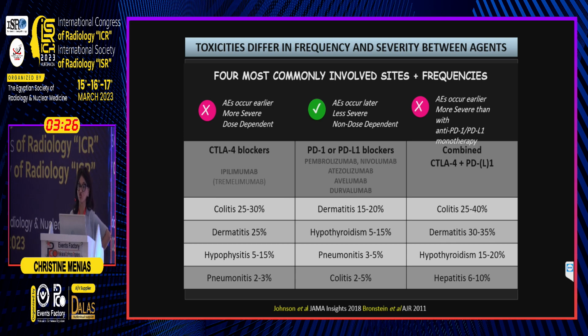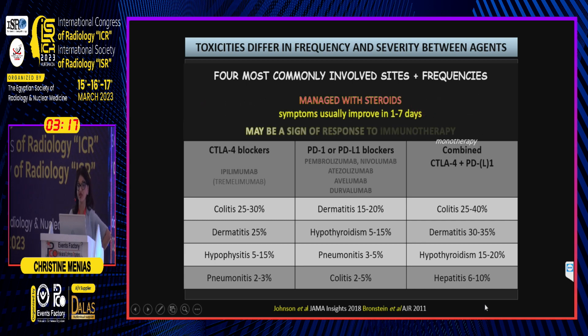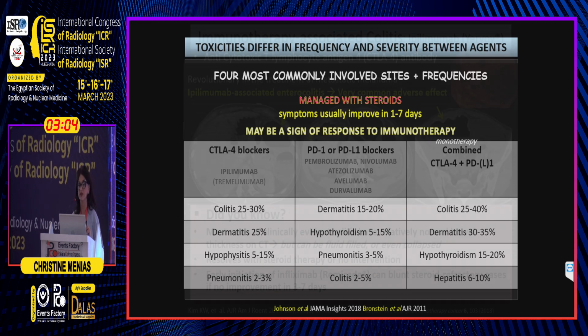And many of our patients are on combined therapies. They want to kill that tumor. And so you'll see a lot of patients with significant side effects from these. But it's a great finding for oncologists. These patients are managed by steroids. It's a sign that the patient is responding to immunotherapy if the body starts to self-attack.